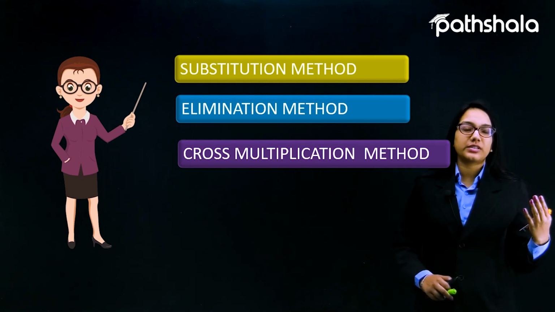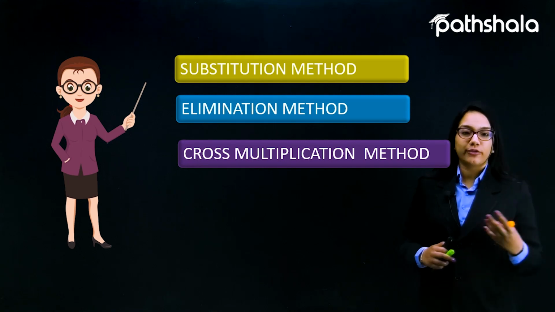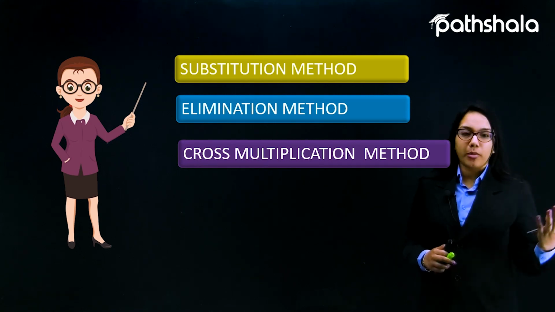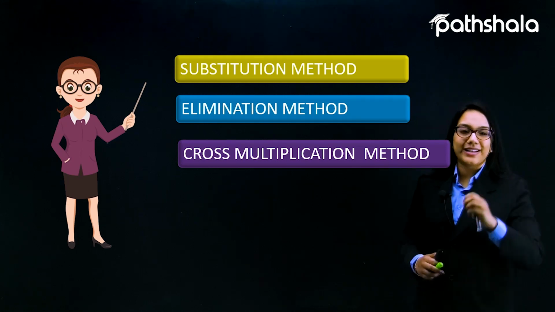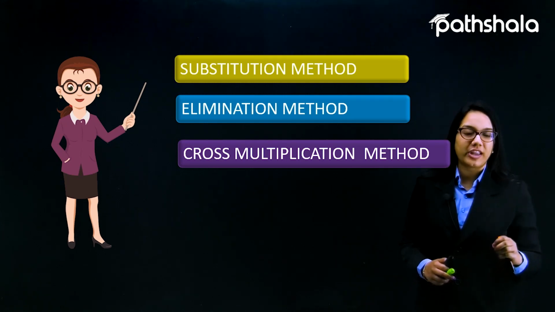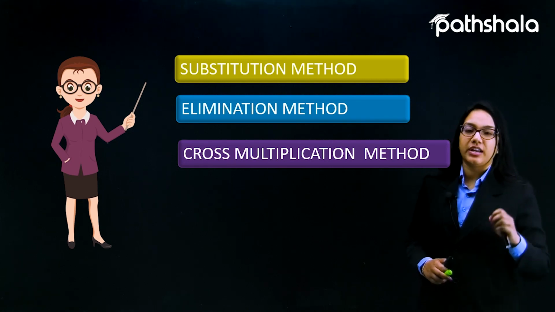Further, we also discuss how we can reduce linear equations into further forms, but we can talk about this later. First, we'll talk about these three algebraic methods for finding the solution of a pair of linear equations.